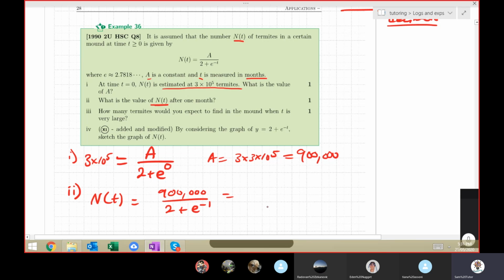Plug that into your calculator. After 1 month, you will have 380,086.92, so you'll pretty much have 380,087 termites.